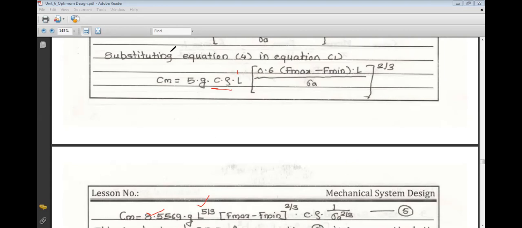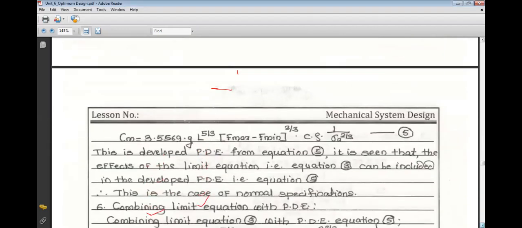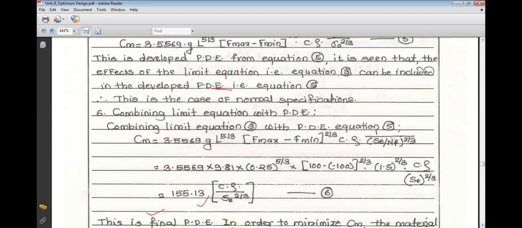Now the next step: we have to combine the developed PDE, that is equation number 5. It is seen that the effect of the limit equation, equation 3, can be included into the developed primary equation, and this is the case of normal specification.